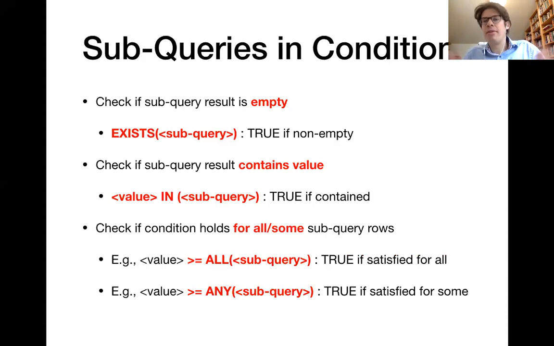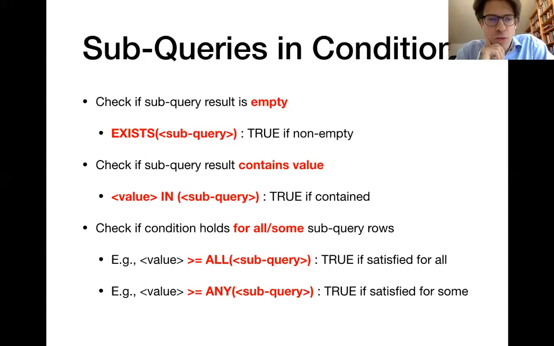Now, in the last example, we have seen one possibility to include a subquery into a larger query. There are many more ways in which you can do that. Here you see a couple of more ways to integrate subqueries into the where condition, or into conditions in general, of your query.